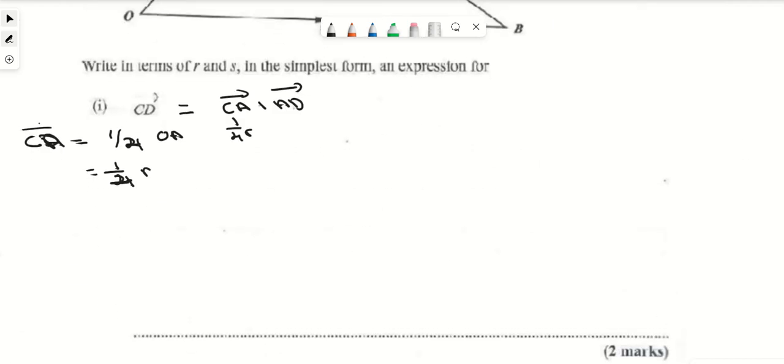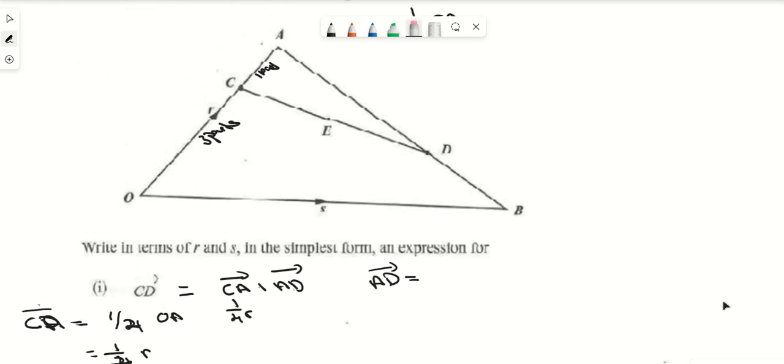AD is, they told you, two-thirds of AB, right? We need to find out AB first.